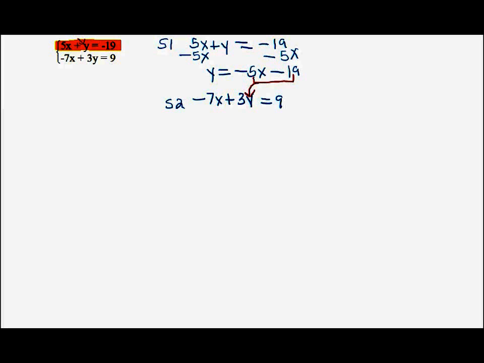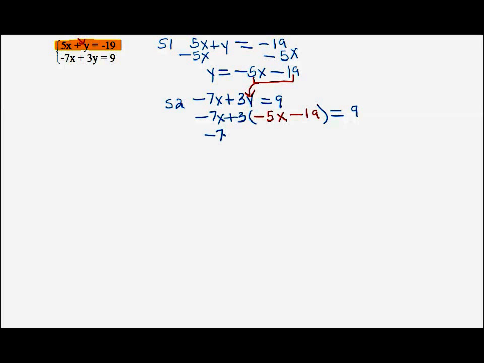So when I rewrite that other equation, it becomes negative 7x plus 3. Now remember, when I get to the y variable, I don't put y, I put negative 5x minus 19. And then I finish the rest of the problem. Equals 9.